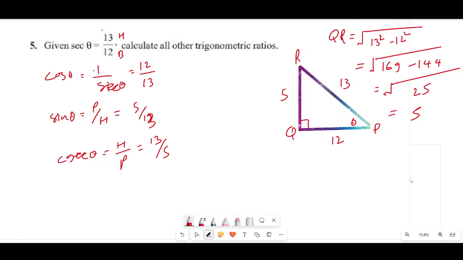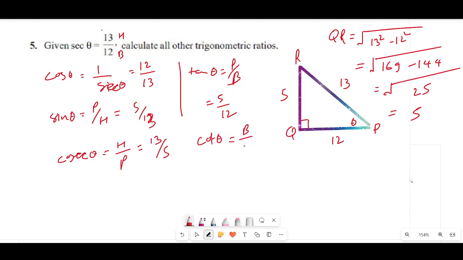Now, what is the value of tan theta? P by b. The perpendicular is 5 and b is 12 centimeter. So, what is the value of cot theta? Cot theta is the reverse of it.